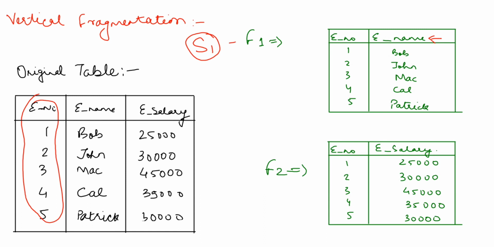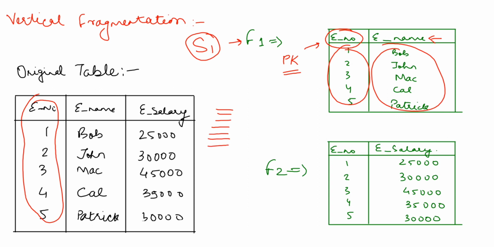So at S1 we will store F1, and F1 is broken in such a way that it contains the employee name. E number is the primary key, so we must have it to uniquely identify the records. When a table is fragmented vertically, it will have all the rows of the table, but not all the columns. It will have the columns which it requires.